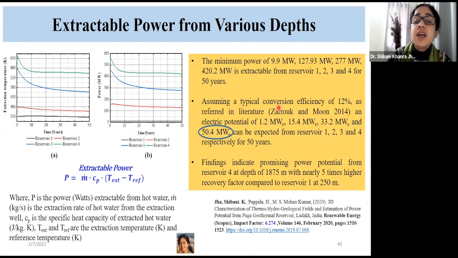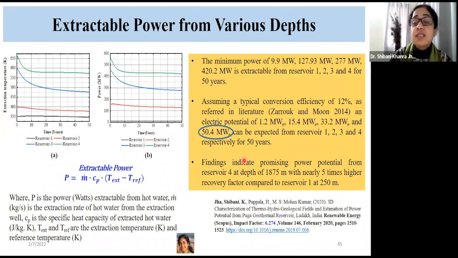However, taking the typical conversion efficiency of 12% into account, this shows a minimum of 1.2 megawatt electric from the very shallow depth, reservoir 1, and a highest of 50.4 megawatt electric, which can be obtained from this particular field. So this is one promising value in itself, 50.4.